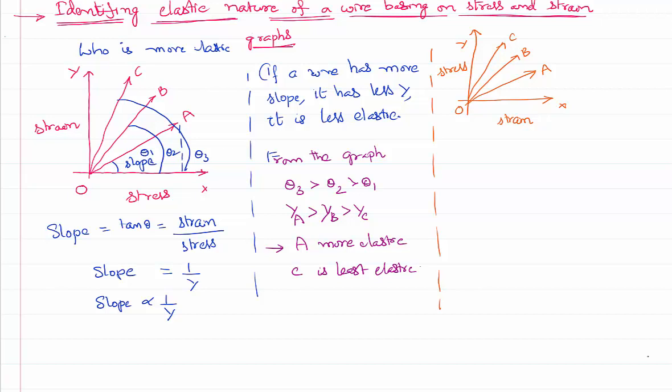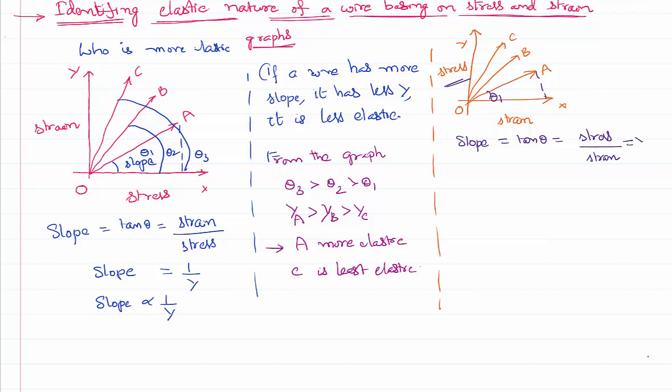How can we identify? Again, using the same logic, I will try to find out the slope of this graph. Slope of this graph is again equal to tan theta. That's nothing but equal to opposite side by adjacent side. Opposite side is now stress, to this angle theta 1. Adjacent side is strain.